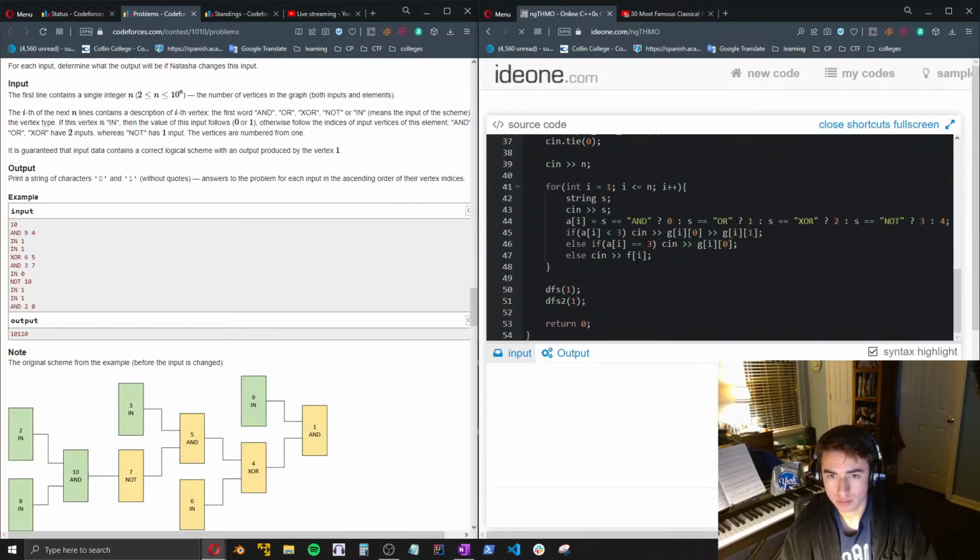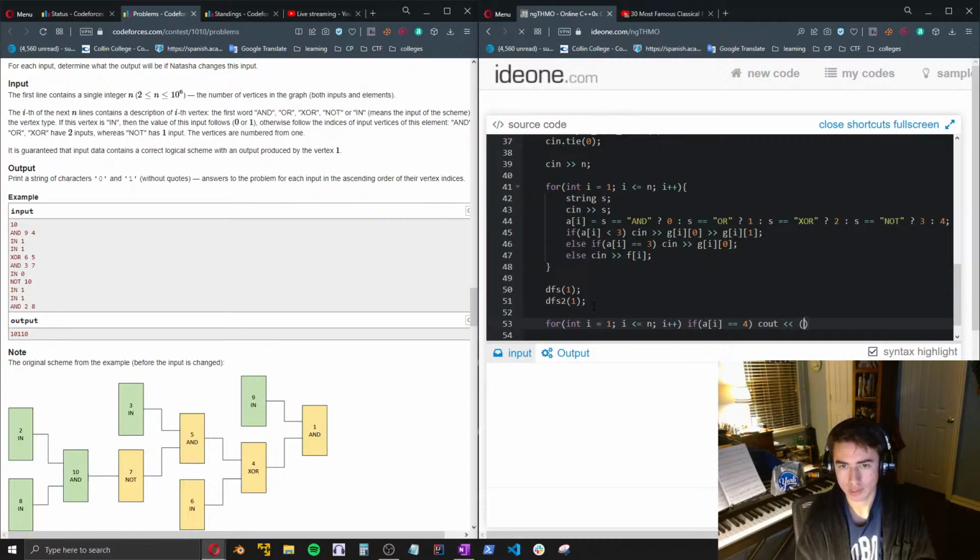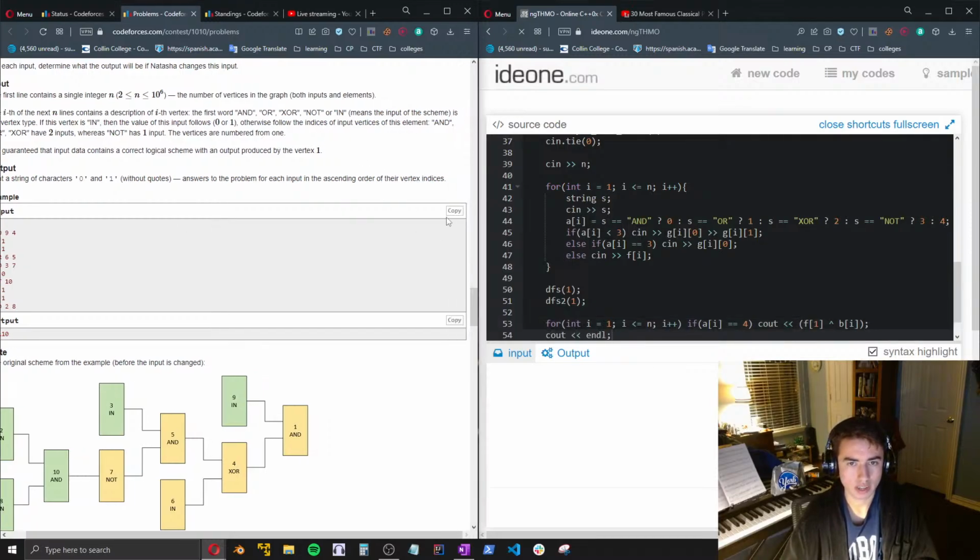Now we can just go for 1, if a of I is equal to 4, we output f of 1 XOR b of I, because b of I is like, can the value change when this bit changes. Hopefully I did that all right.